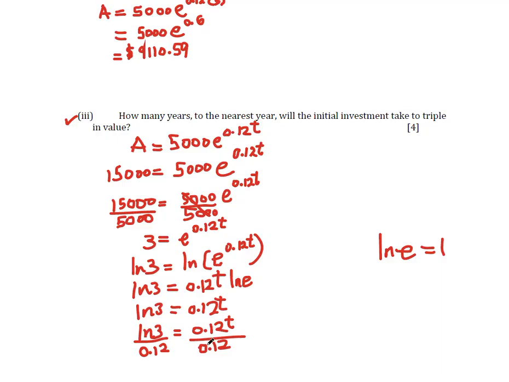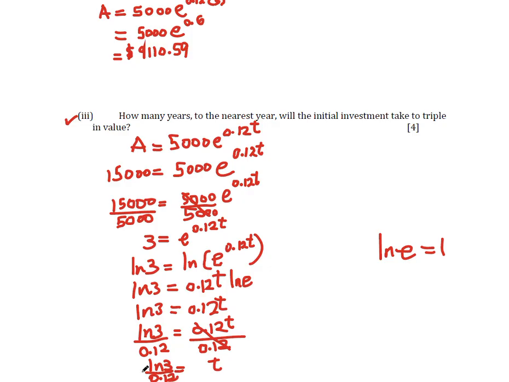And what I do to one side of the equation, I have to do to the other side. So I divide the left-hand side by 0.12 as well. 0.12 cancels on this side because it divides into itself once, leaving us with t equals ln 3, which we can evaluate on our calculators, divided by 0.12.